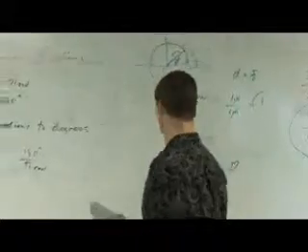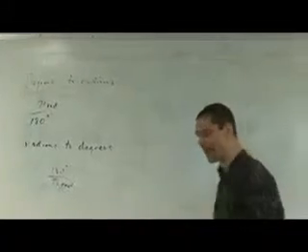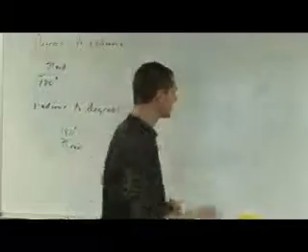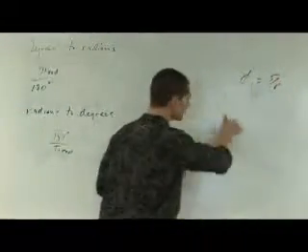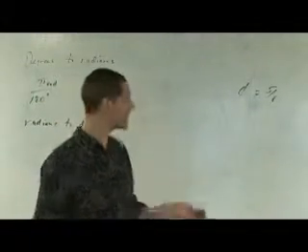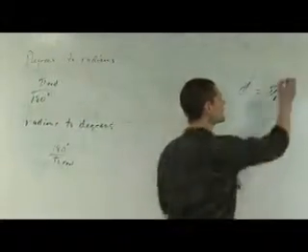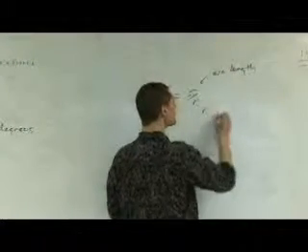Example number 1. And incidentally, let me go back to something. So remember, theta equals S over R. I remembered for a second that I might not have this memorized, where S is arc length and R is the radius.